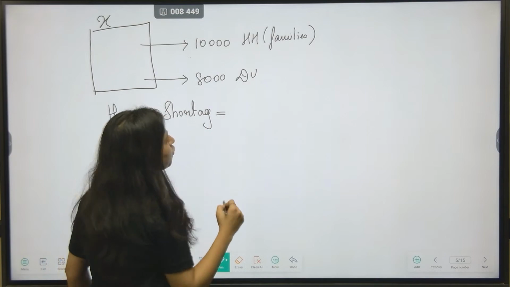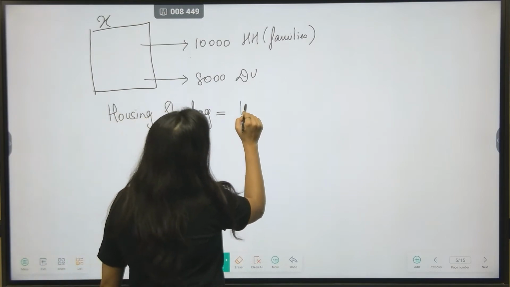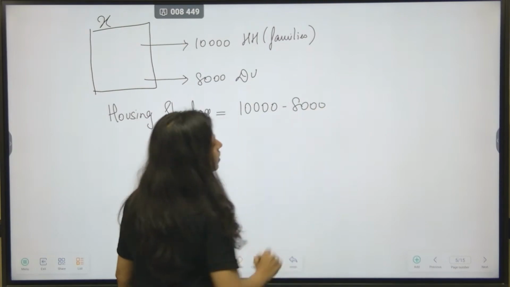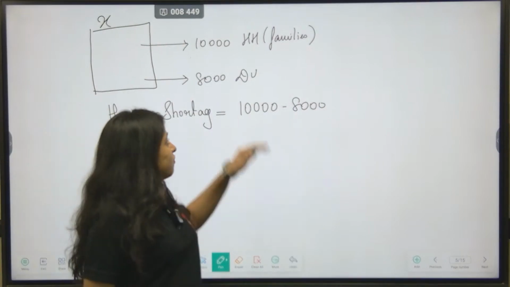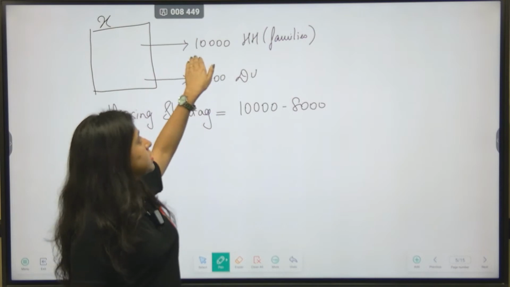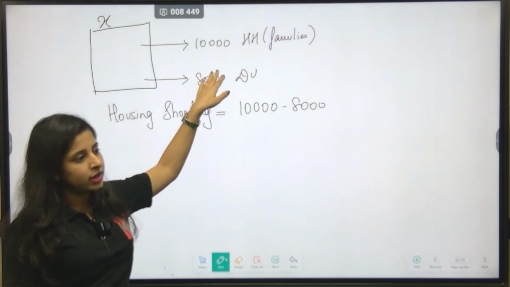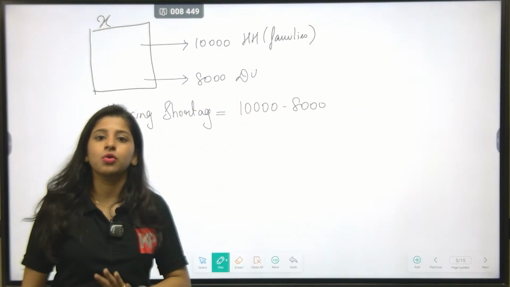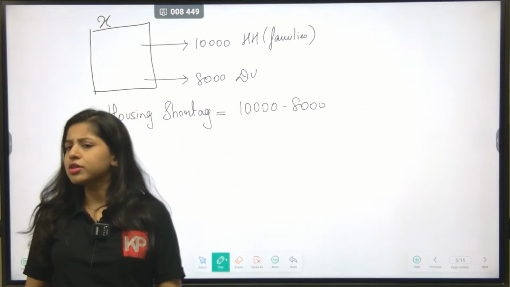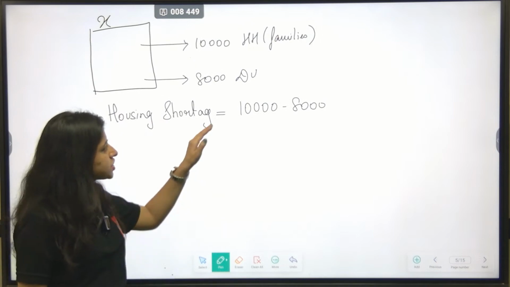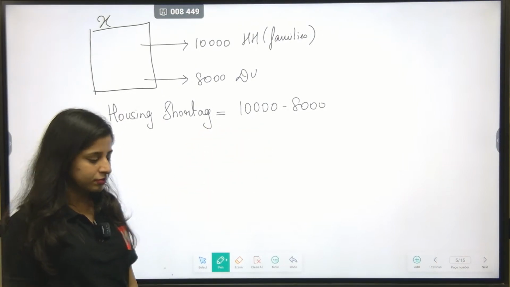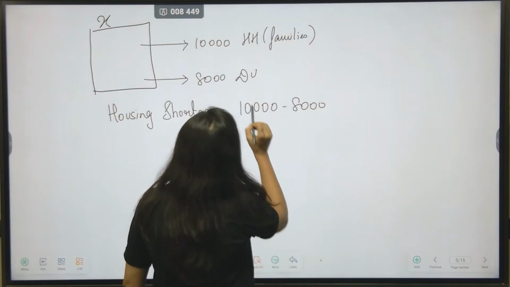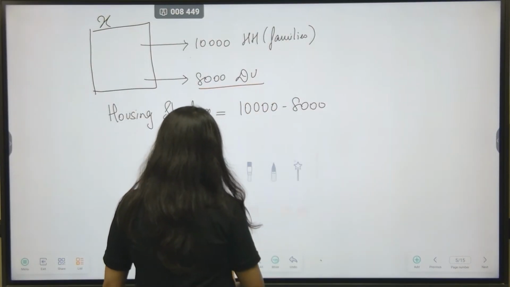Ideally there are 10,000 households, so ideally we require 10,000 dwelling units, right? But there are only 8,000 dwelling units. So based on that concept, the housing shortage is 10,000 minus 8,000.